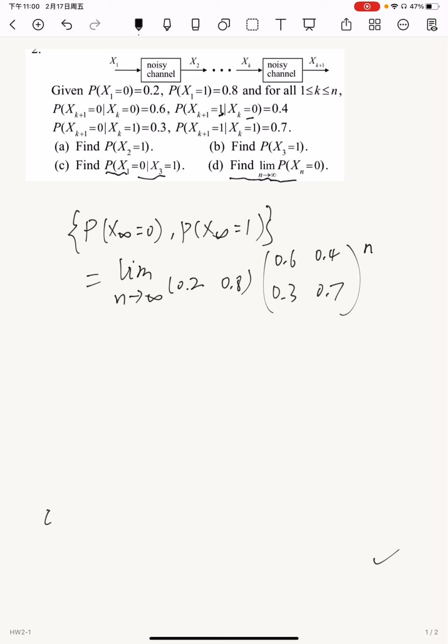So we can calculate it, and the output is 0.2, 0.8, multiplied by the matrix of 3/7, 4/7, 3/7, 4/7. So we want to know the probability of xn equal to 0.